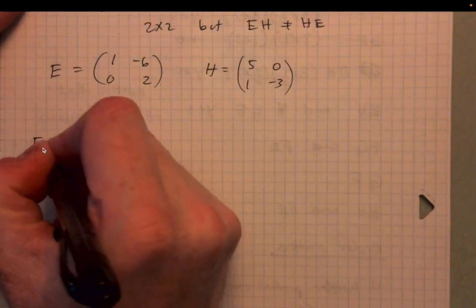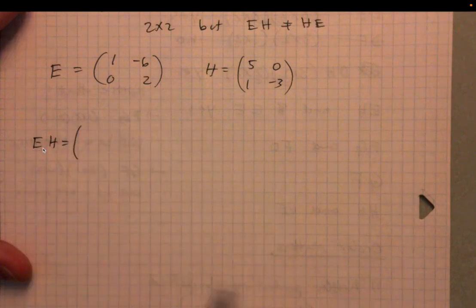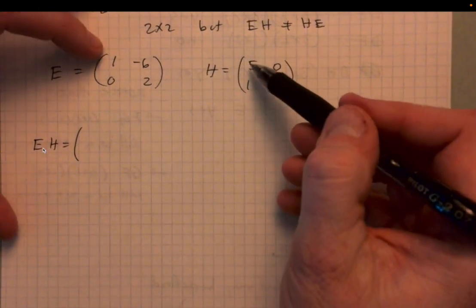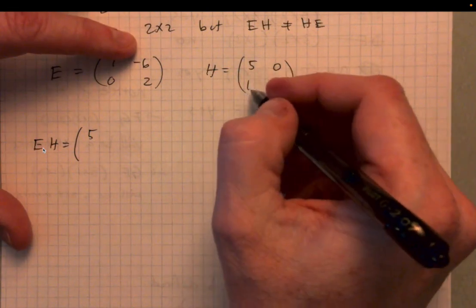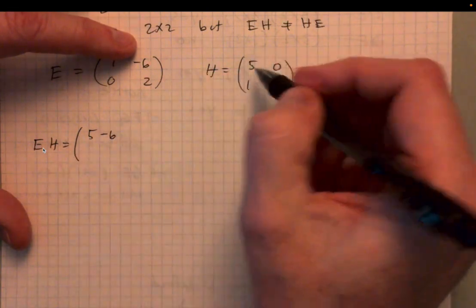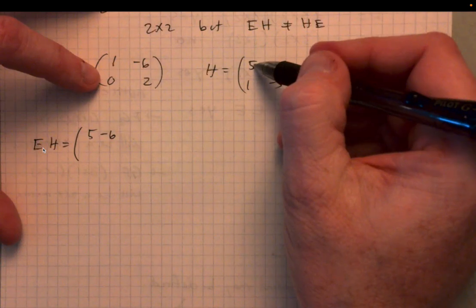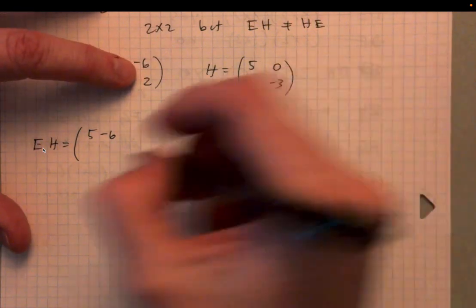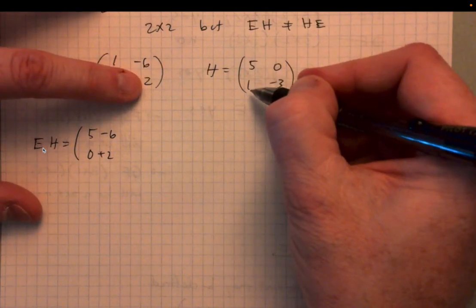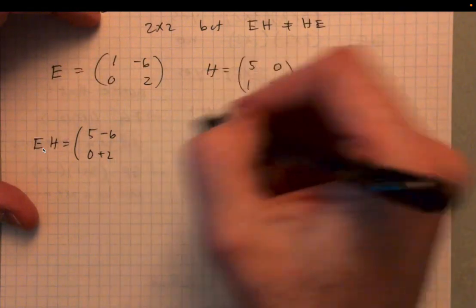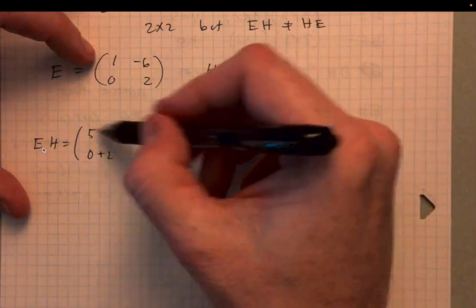So we'll start with EH. Right, so it's going to be 1 times 5 is 5, and then -6 times 1, so 5 minus 6 for the first entry. And then 0 times 5 is 0, 2 times 1 is 2, so 0 plus 2. Okay, and that gets us the first column.